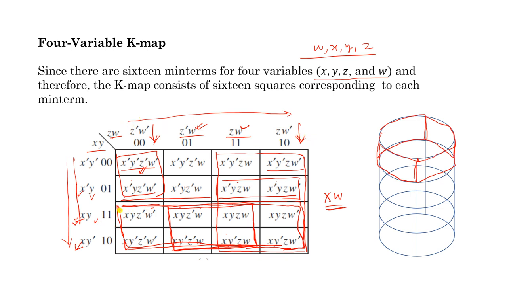So this block of 8 adjacent squares will give you a term equivalent to x. This is a very easy way, no need to do any calculation. Whenever you form a block and have to find the equivalent term, you have to check the corresponding terms in rows and columns, and find the literal which is the same for all terms. Then you can write the equivalent term.